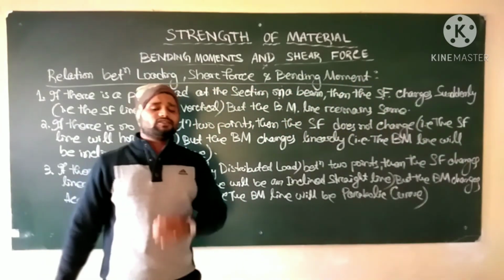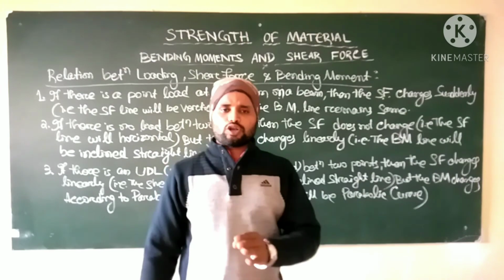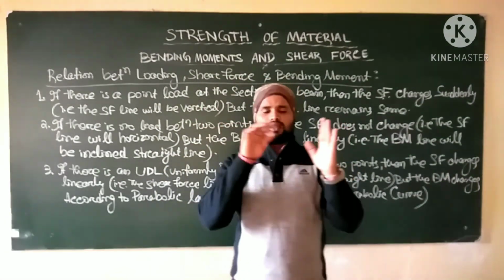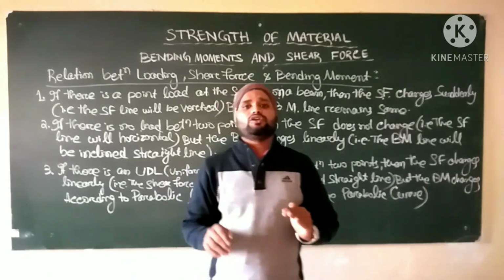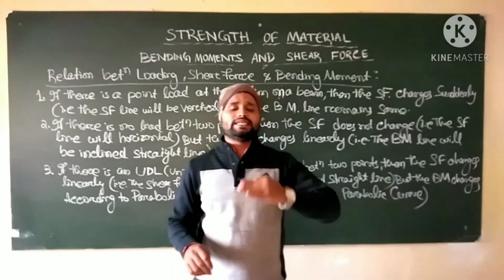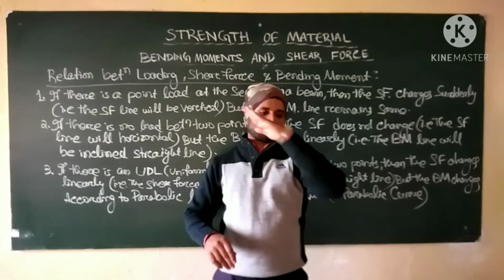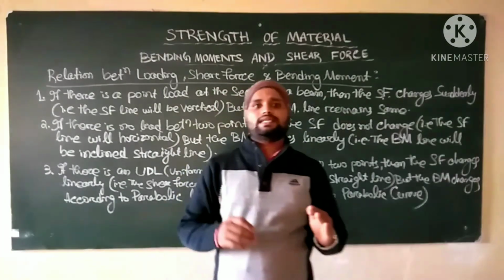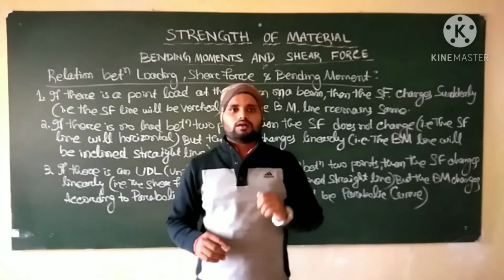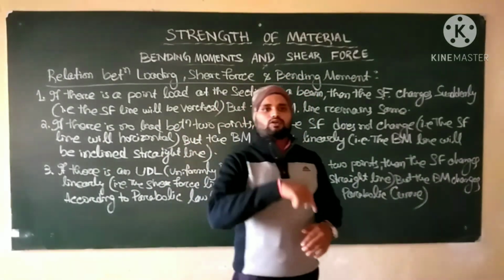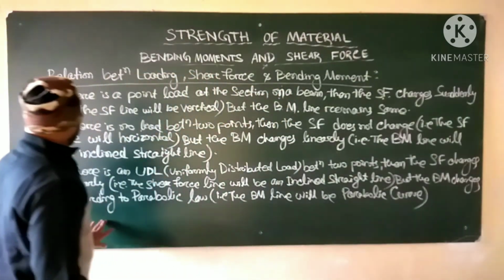That means if there is a UDL between 2 points, then the shear force changes linearly. The shear force line is an inclined straight line, whereas a no load line is horizontal. But the bending moment changes according to a parabolic chord. So these are the 3 points.